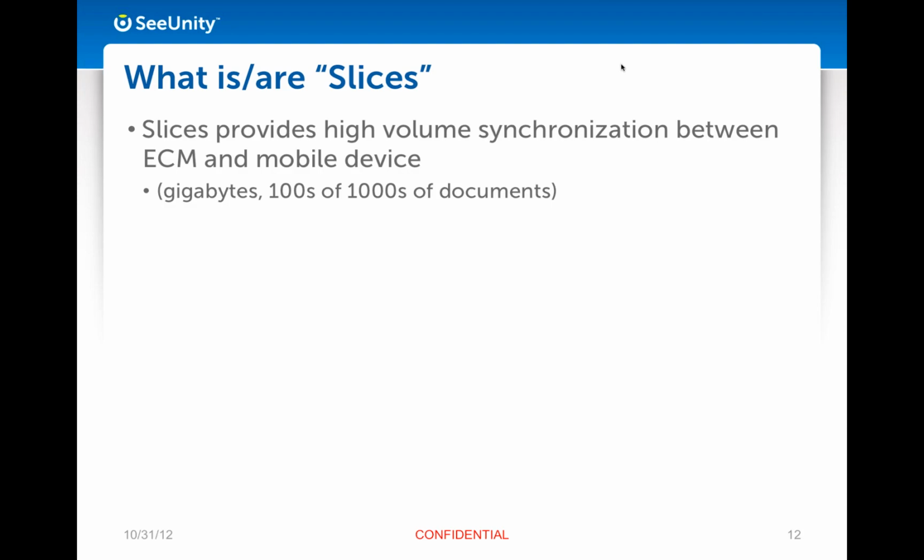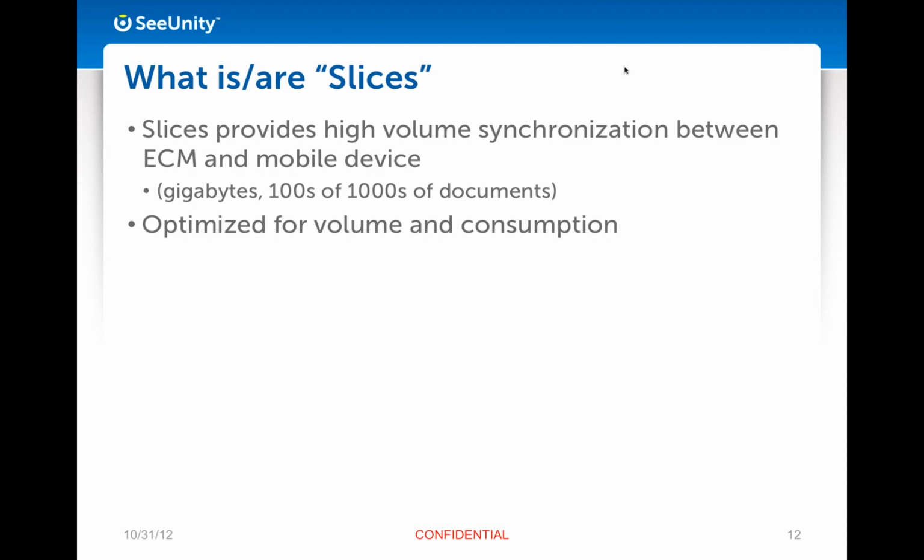And we support gigabytes of data being downloaded and hundreds of thousands of documents at one time. And it's really optimized for consuming data and for high volumes of documents. If you want to have a fuller, richer user experience where you're editing and uploading content, viewing metadata properties, then that's where you're going to want to use something like SeeUnity Mobile.